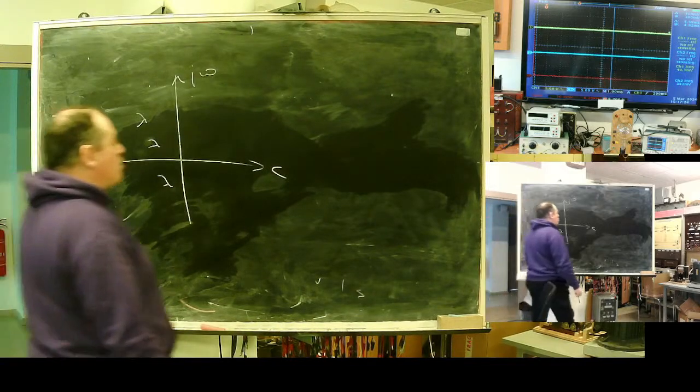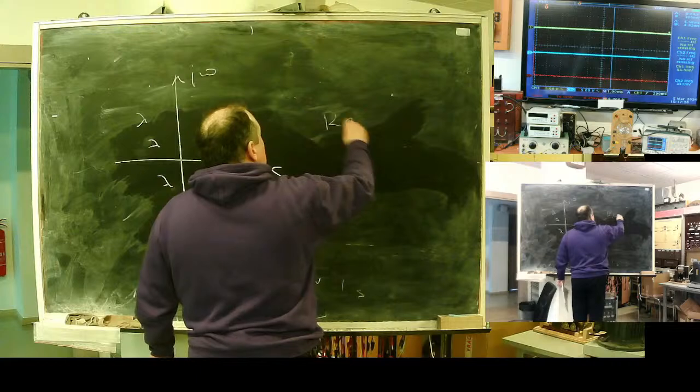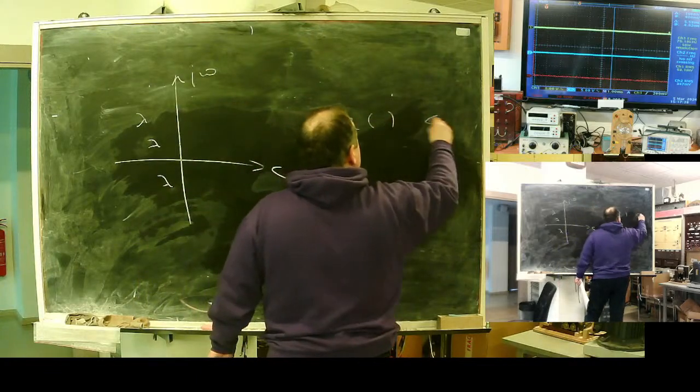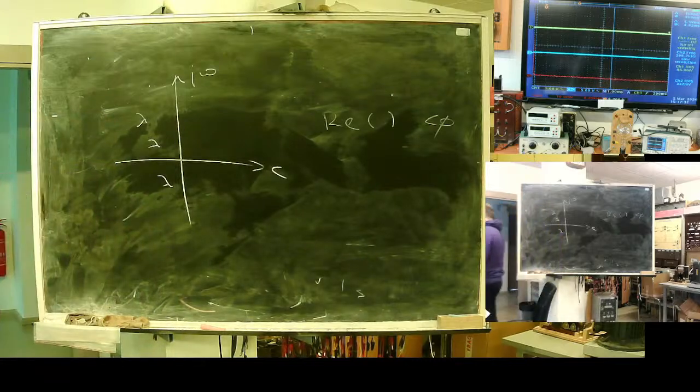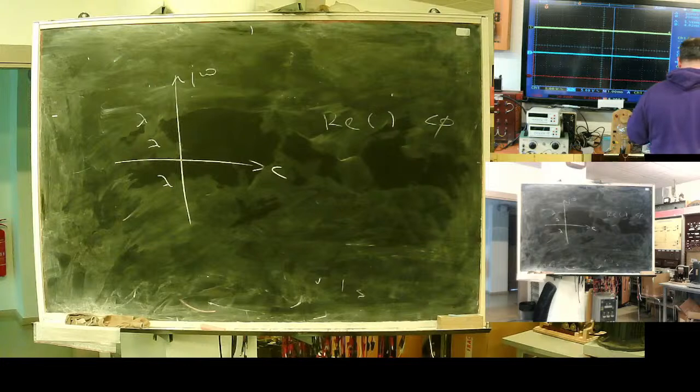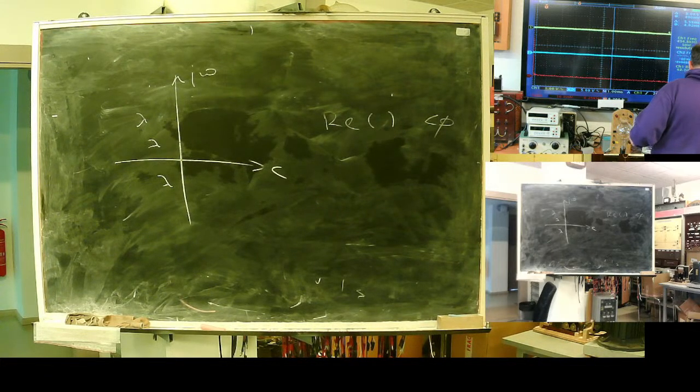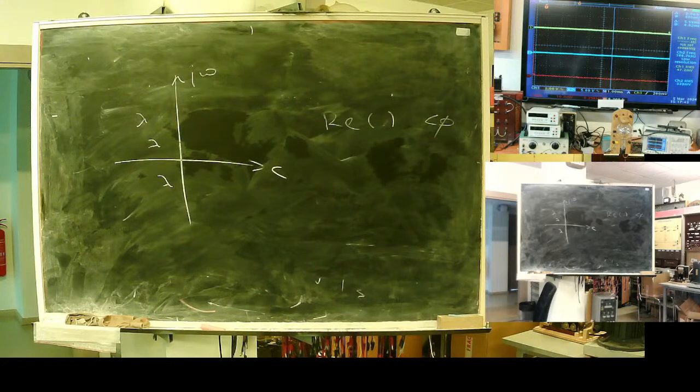If all roots are less than 0, the system is stable. If one pole sits on the right side, the system is unstable. I can show it with an example, if possible, I have time.